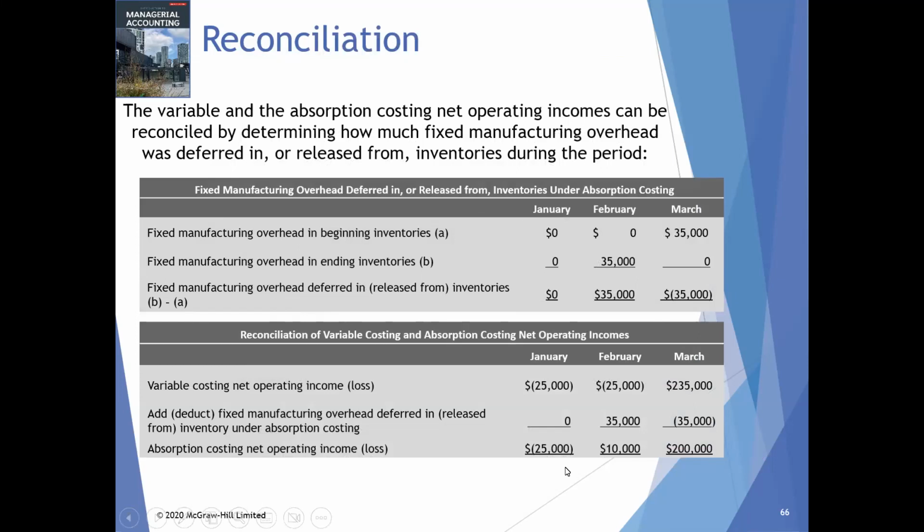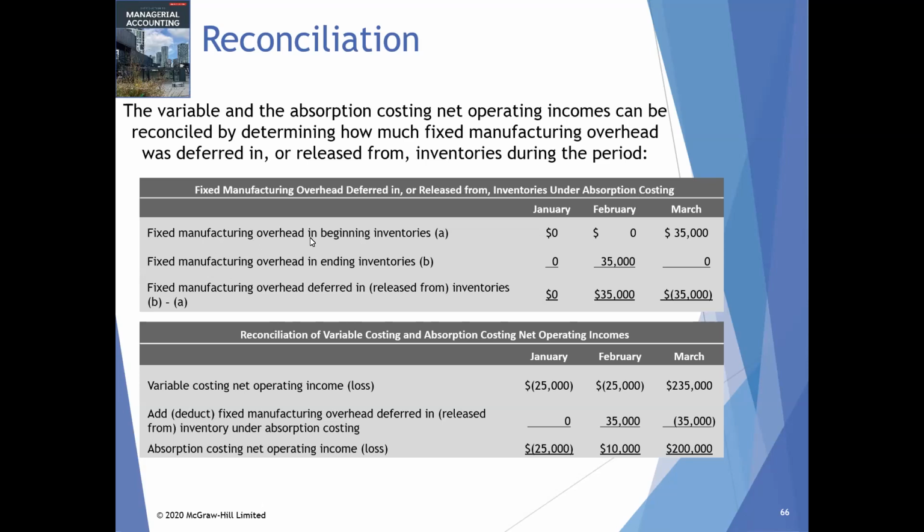Reconciliation: the variable and absorption costing net operating income can be reconciled by determining how much fixed manufacturing overhead was deferred in, or released from, inventories during the particular period. Fixed manufacturing overhead deferred in or released from the inventories under absorption costing, right?